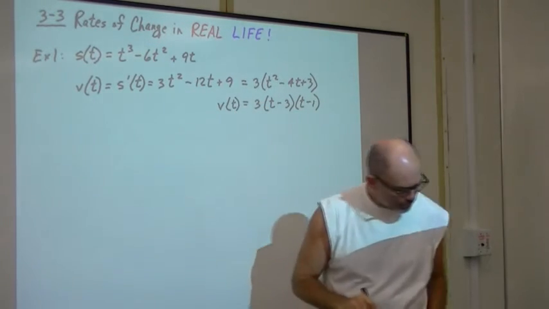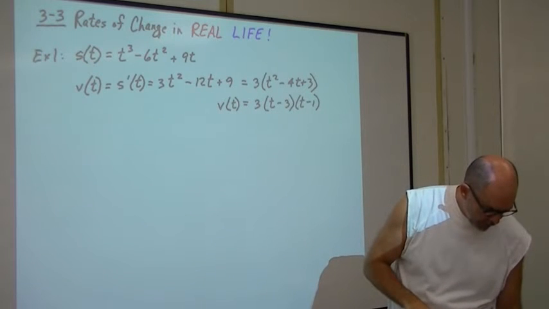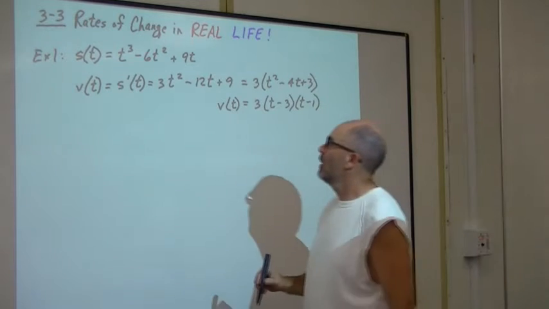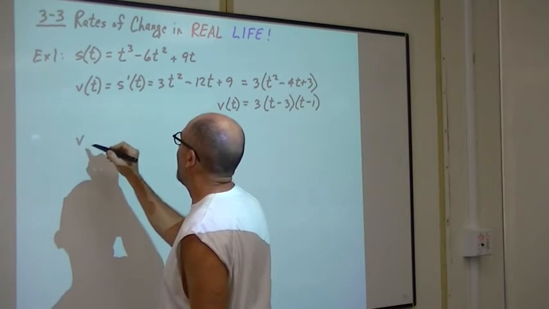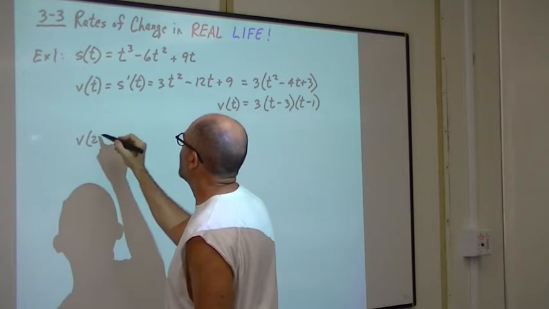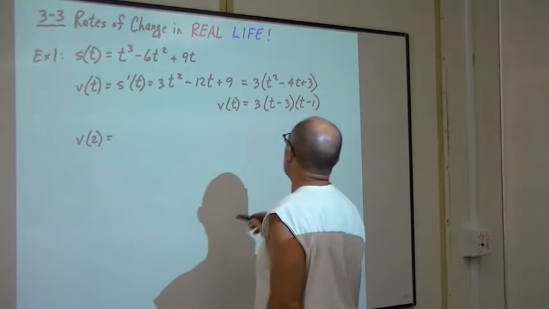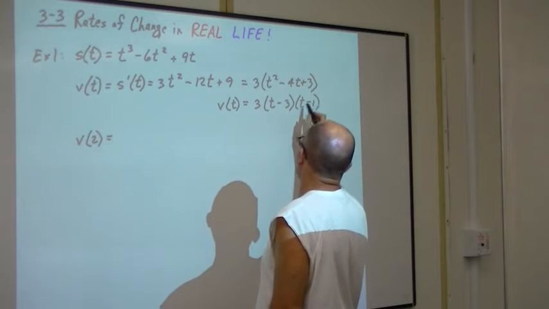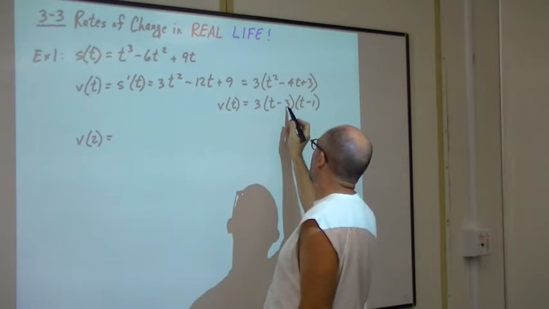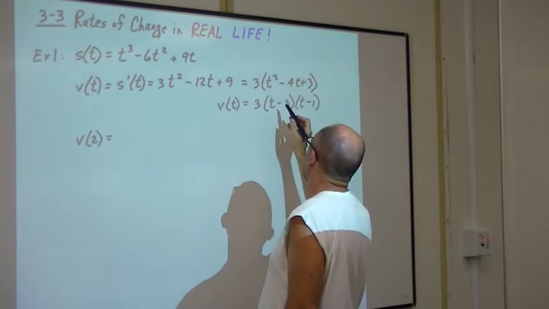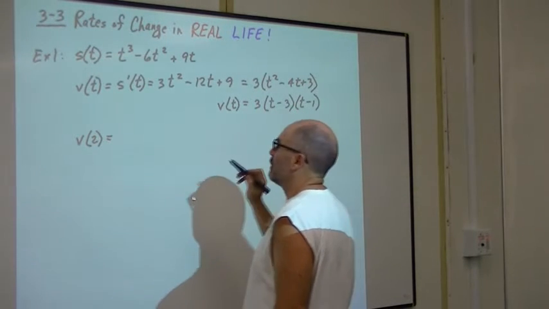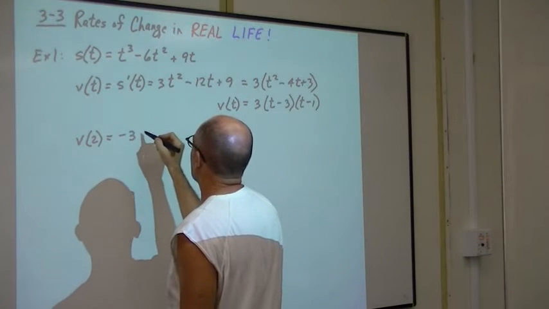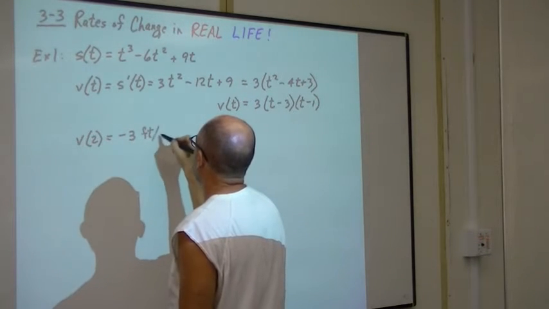Now, what's the velocity after 2 seconds? Well, the velocity at exactly 2 seconds is going to equal 3 times 2 minus 3 times 2 minus 1. Well, 2 minus 3 is negative 1, 2 minus 1 is positive 1, so we've got the velocity at 2 seconds being negative 3 feet per second.